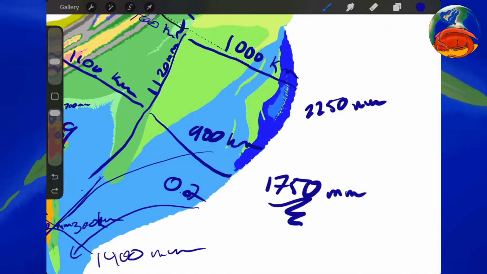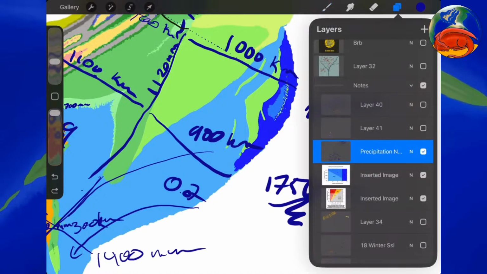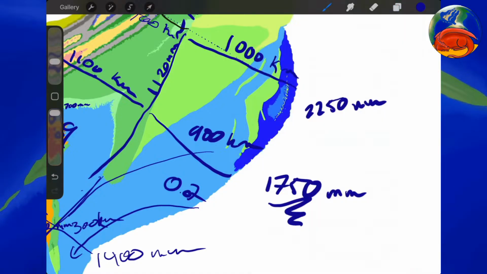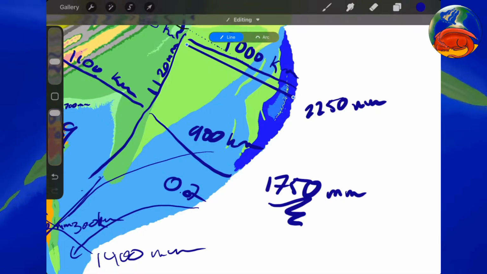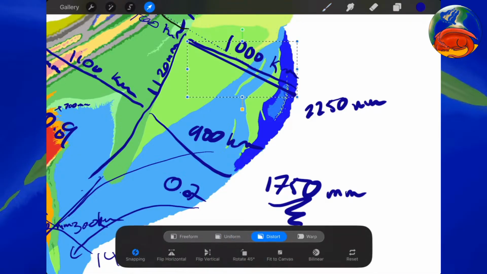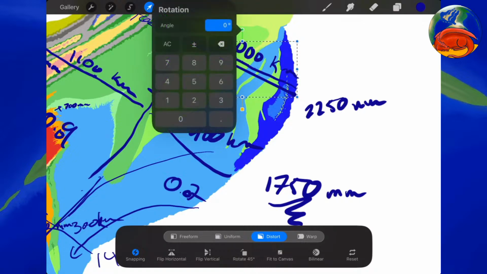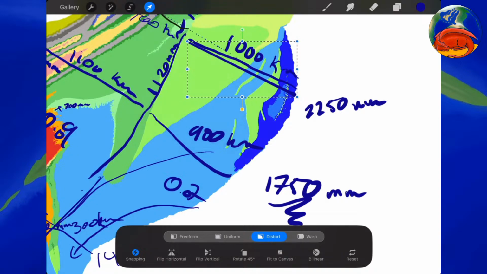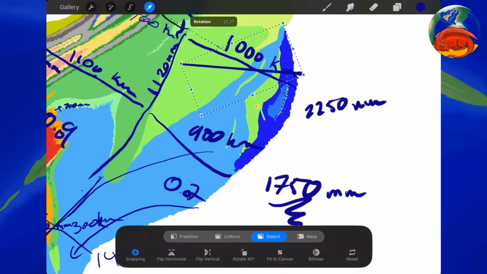So if we take our line here, let's make it more or less straight.